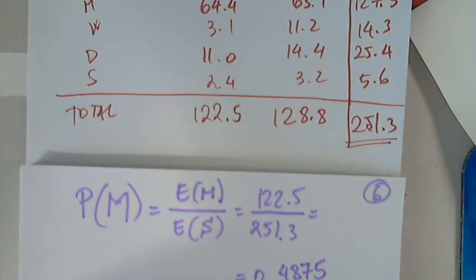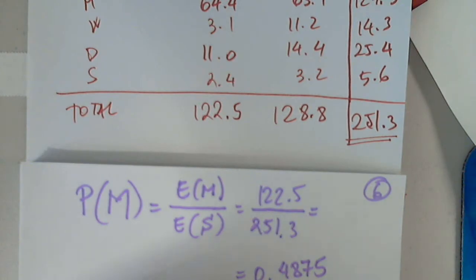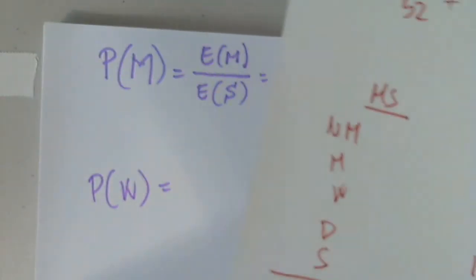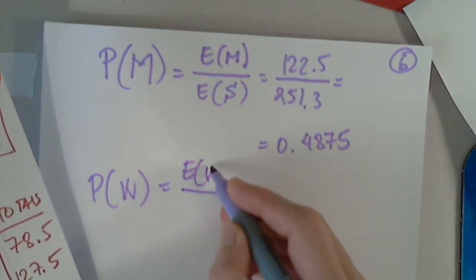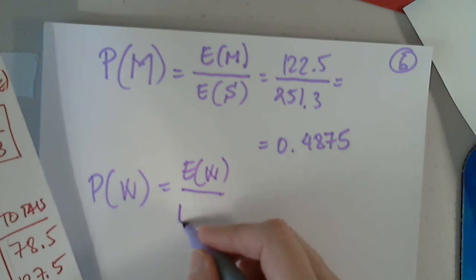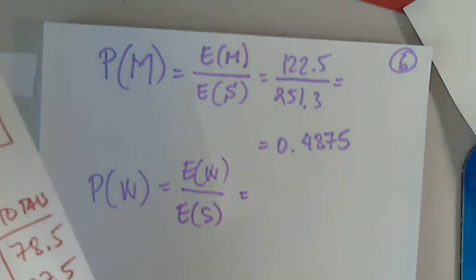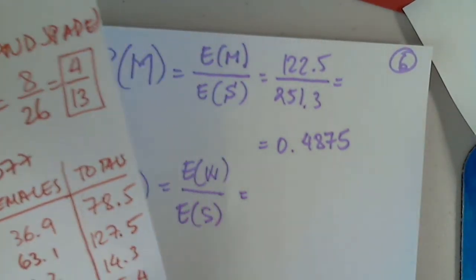Next question. This was question A. Part B. Determine the probability that a randomly selected U.S. resident is widowed. Good. So how many outcomes do we have for widowed and how many outcomes do we have for a total? Because it's out of the total.